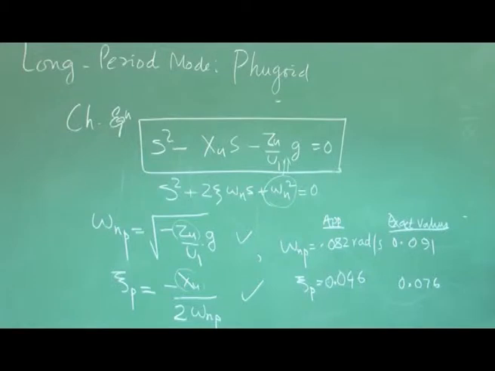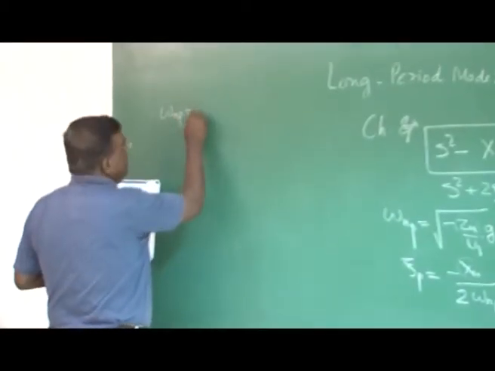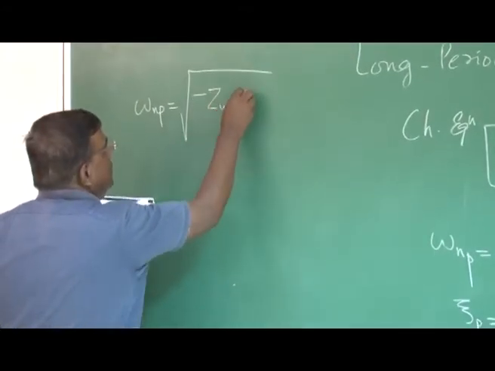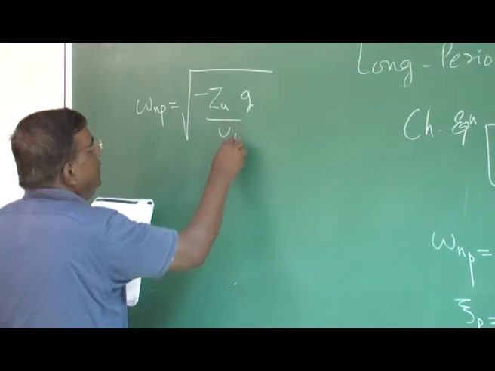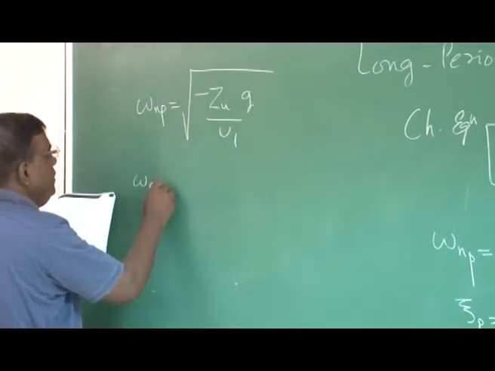Let us take omega np. Omega np Phugoid is under root minus Zu g by U1. You know the expression of Zu, so I can substitute that expression here.